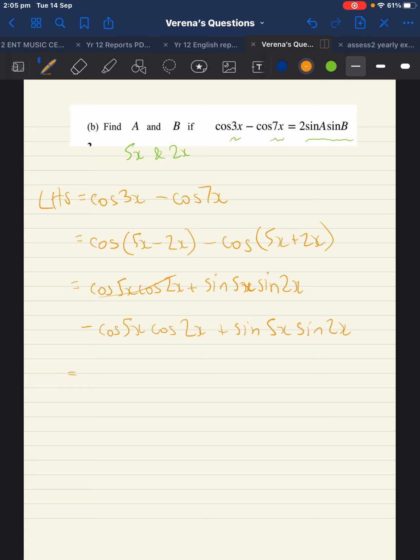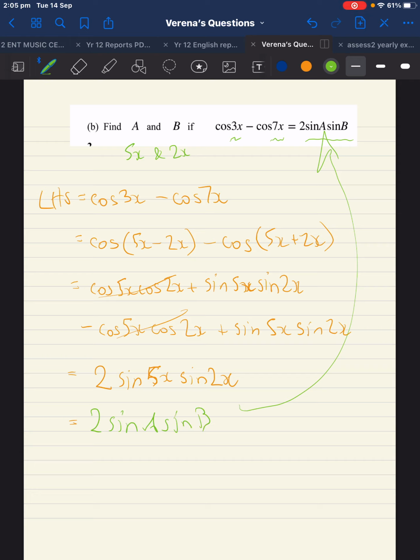Doing that, we've got some cancelling that happens here, and we end up with two lots of sine 5x sine 2x, which, funnily enough, we want this to ultimately look like our right-hand side. This right here is meant to look like sine A sine B.